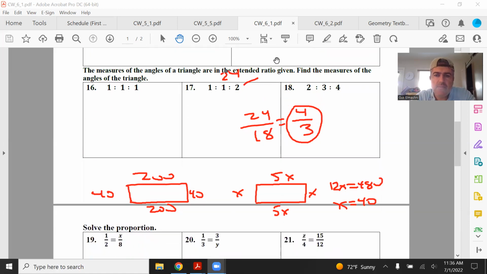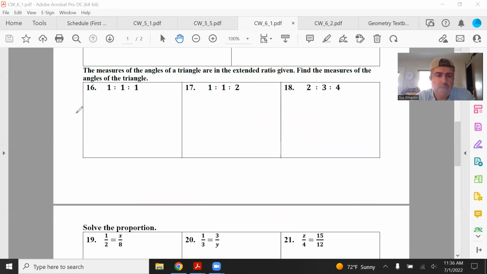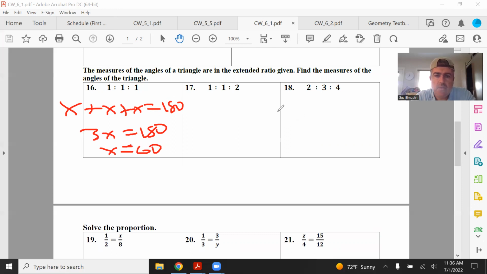For these here, you could do x plus x plus x equals 180. 3x equals 180. X is 60. Well, here 2x plus 3x plus 4x equals 180. 9x equals 180.